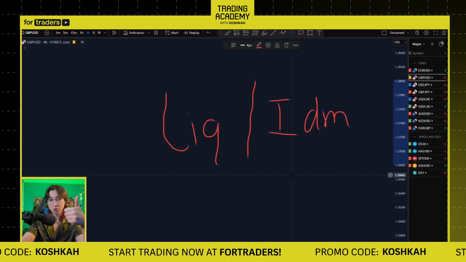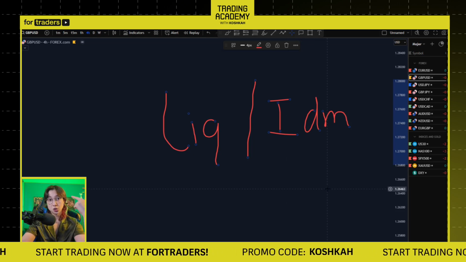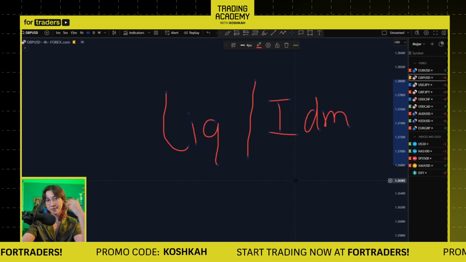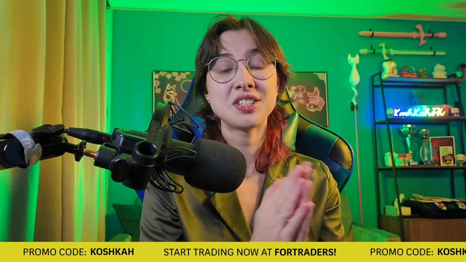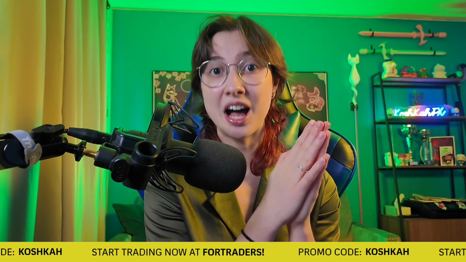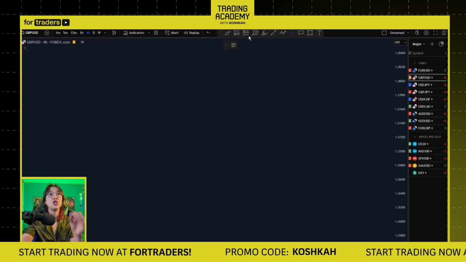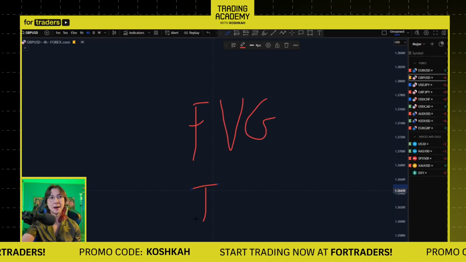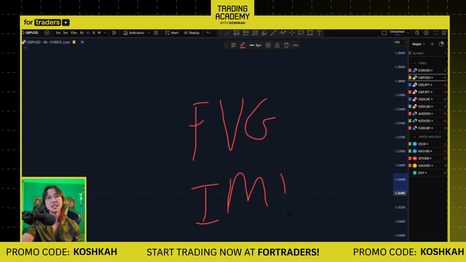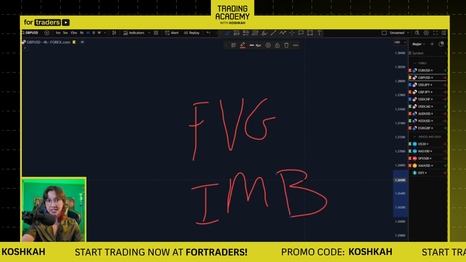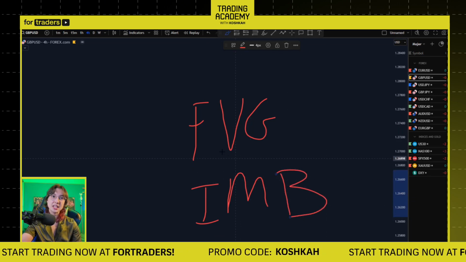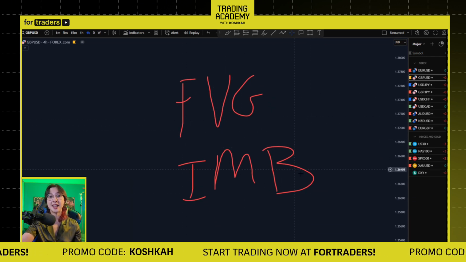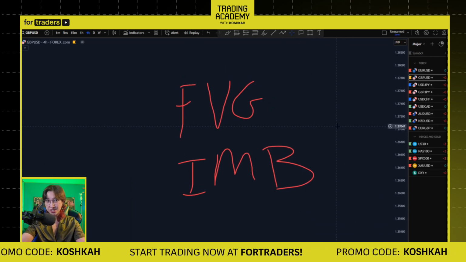We named break of structures, the POIs, the inducement slash liquidity, and we named the Fibonacci, right? And the last concept that a lot of people might have already heard of is the fair value gaps or the imbalances. So fair value gap or imbalances, it's both synonyms, but it pretty much means the same thing. So it's the last concept that is encompassing SMC trading.